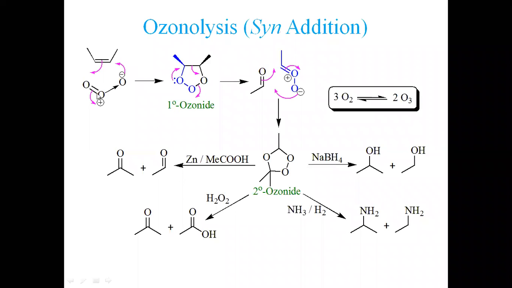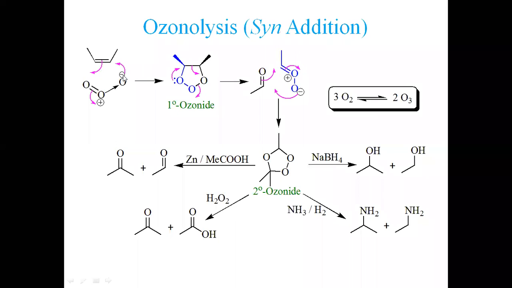Because there is a positive charge on the oxygen, it takes this electron pair to stabilize the positive charge. This oxygen becomes electron deficient, positively charged. So this olefin donates electron density towards it, and we get a carbon oxygen bond. If we transfer this electron density here, this carbon shall become electron deficient.